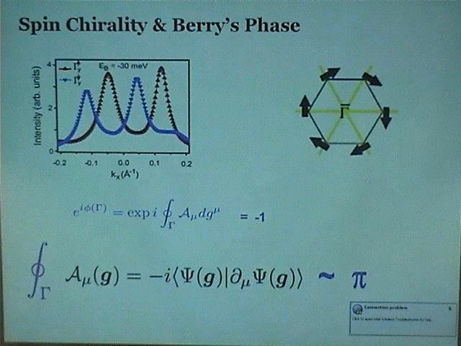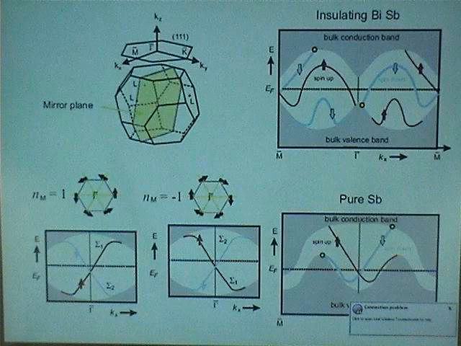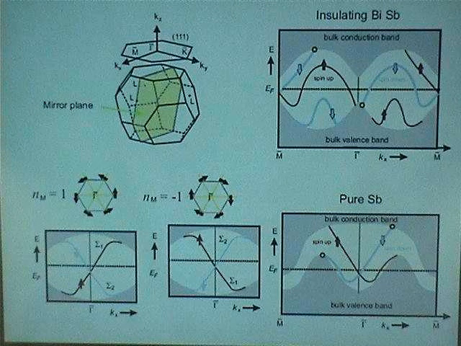I'm left with a single spin-polarized Fermi surface where the spin rotates. So I can now get the angle, it's close to pi, so there's a pi Berry's phase on the antimony.